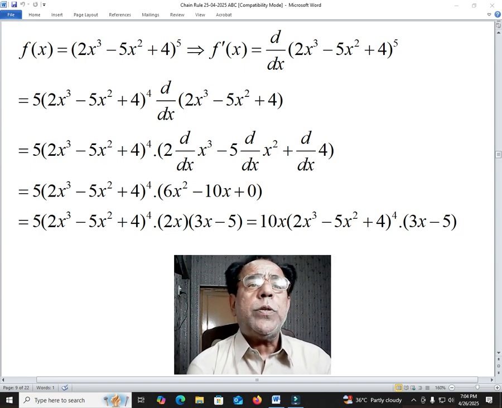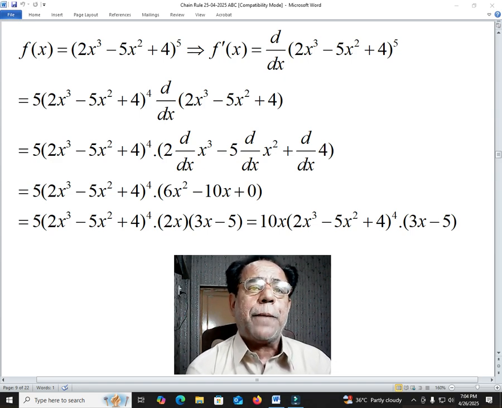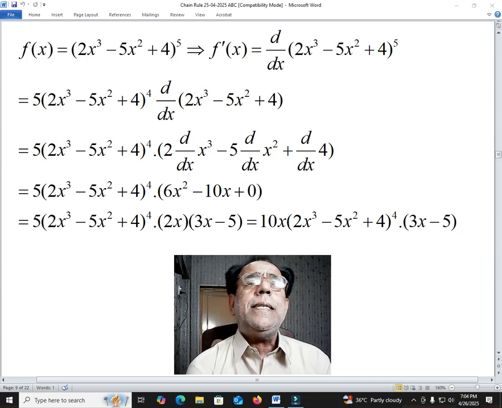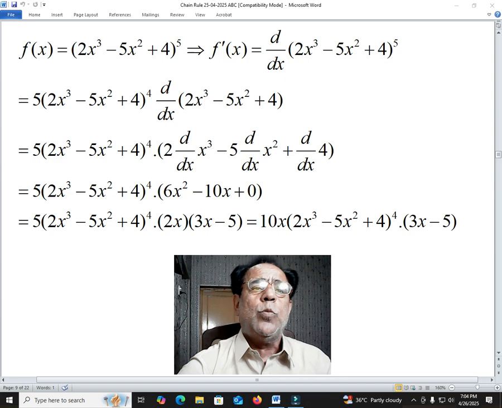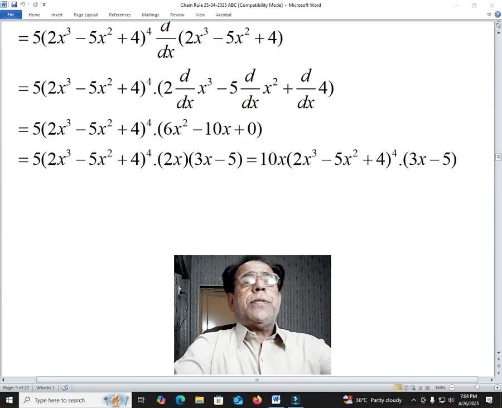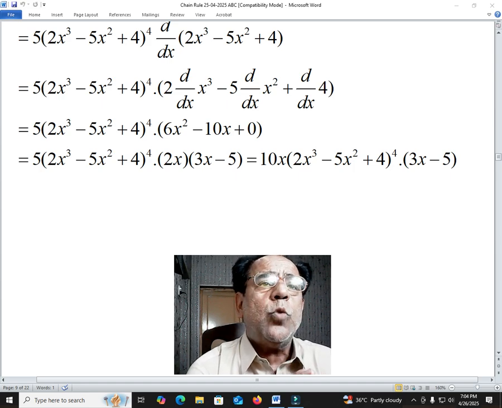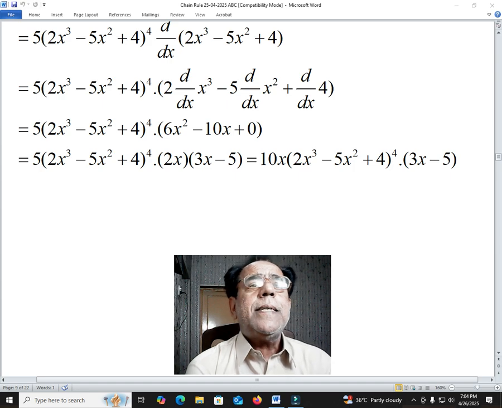So in the first 2 terms, constants will be taken out of d over dx, but with the third term the situation is quite different, because the third term is entirely constant, it is not being multiplied with x or x square or x cube. So dear students, we have taken constants of the first 2 terms out of d over dx. Now differentiation will apply only to x cube and x square.